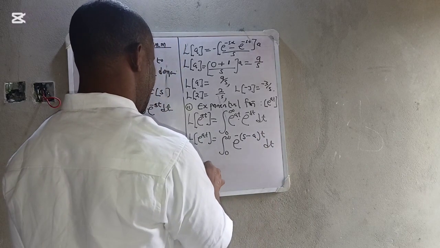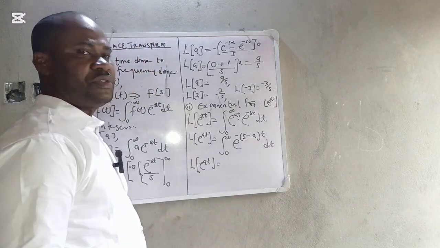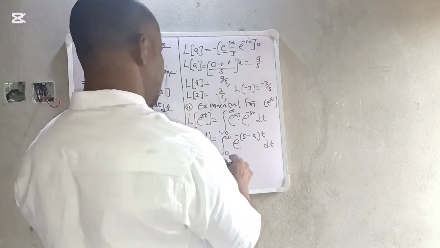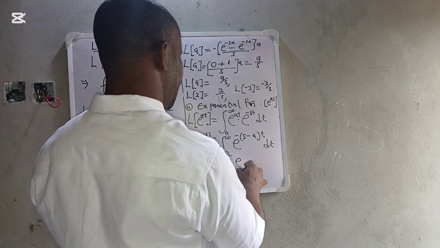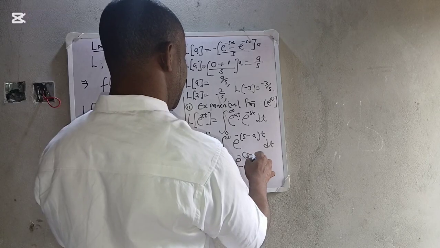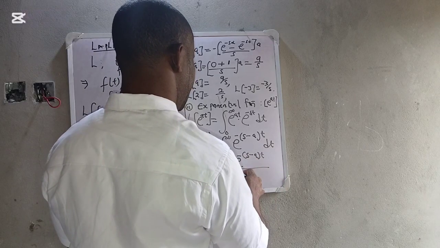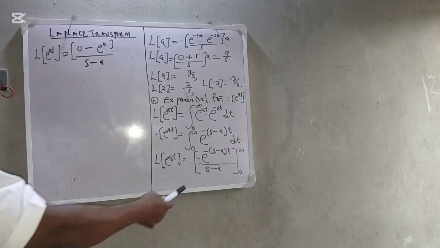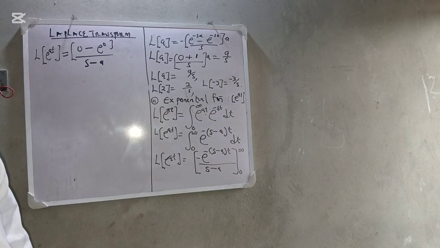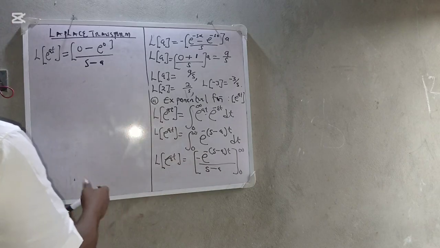So finally we can integrate this expression, and this is going to be e to the minus s minus a times t divided by minus s minus a. Looking at the expression here, at infinity this will be 0 and at 0 this is 1.